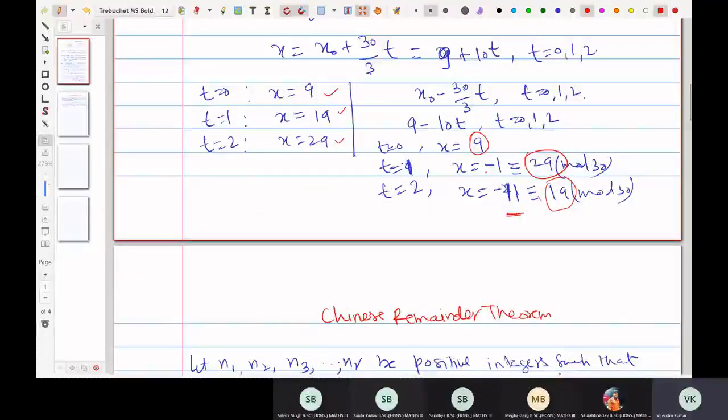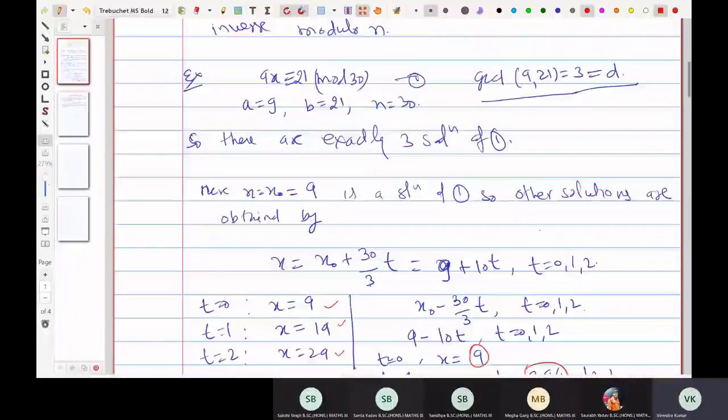If negative 11 also satisfies that, you can substitute and check. Substituting negative 11 here, 9 times minus 11 gives minus 99, and then minus 21, which gives negative 120, and negative 120 is completely divisible by 30.